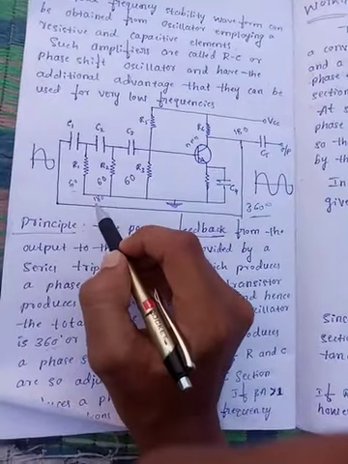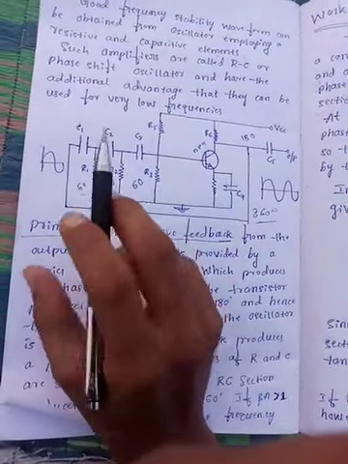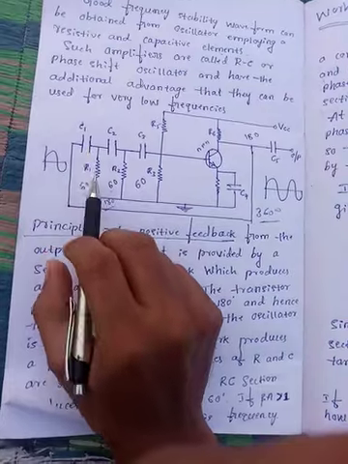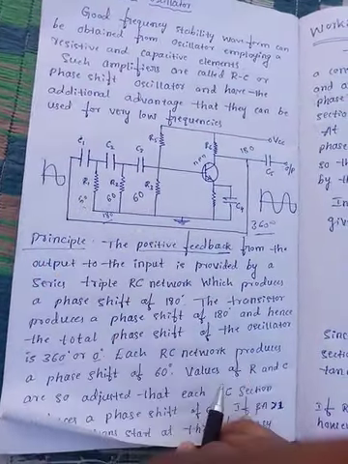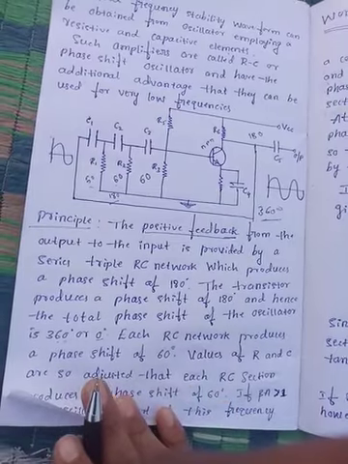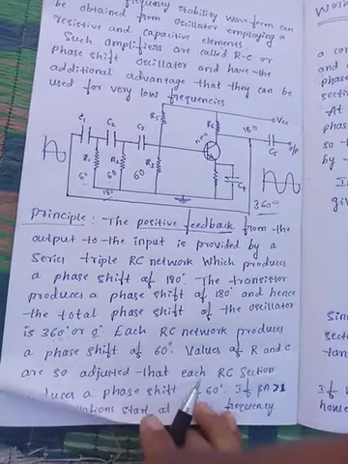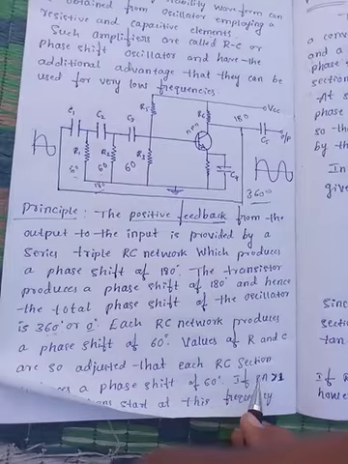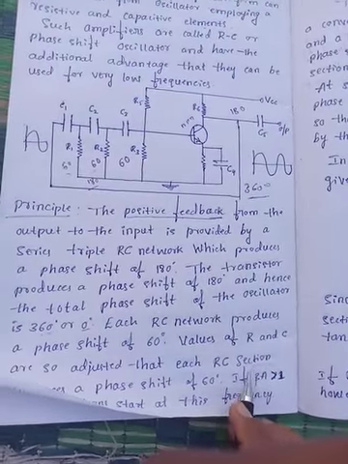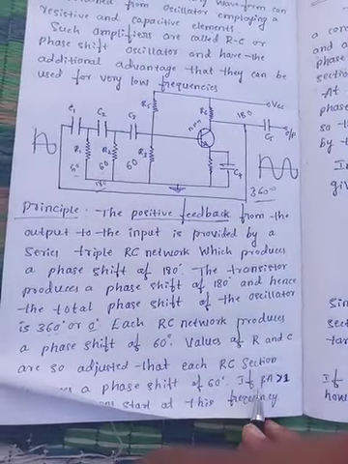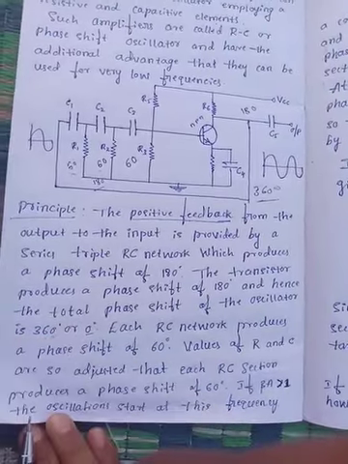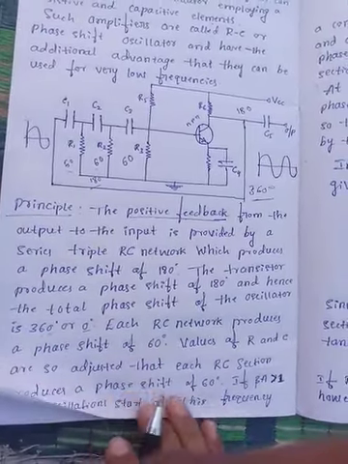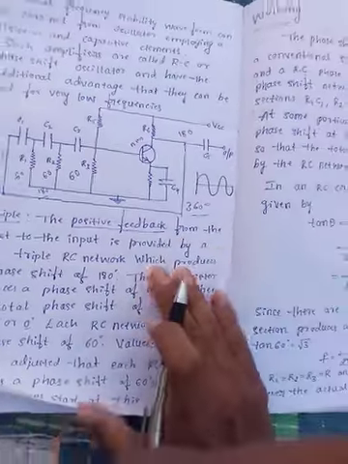To obtain the 180 degrees we have to adjust the values of capacitor and resistor. If beta A is the feedback factor and it is greater than 1, the oscillations start at this frequency.